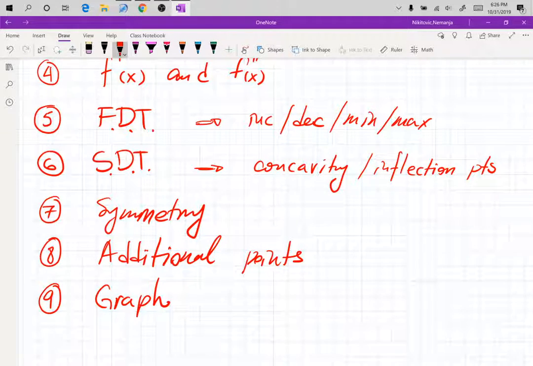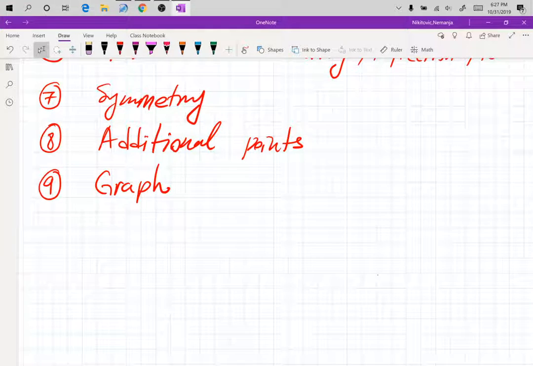You will never have a situation where, well, I mean, you can always not know what to do, but you will always have enough information to clearly proceed to graph. And if something terrible is really happening, you can always compute additional points and deal with it that way.